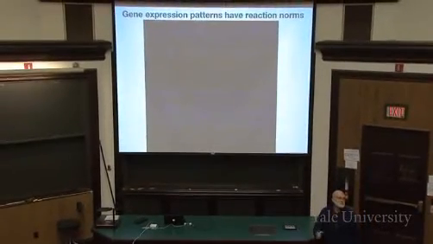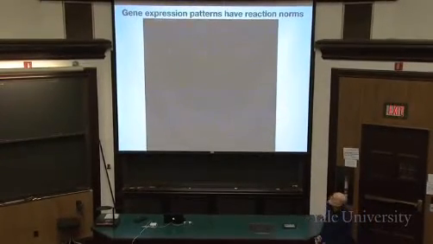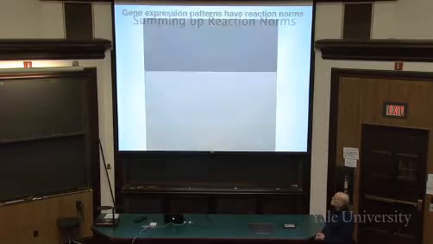Suffice it to say that in modern molecular technology, these things, which are now just about 10 years old, a little over 10 years old, are methods of looking at the expression of all the genes in the genome all at once. And they too have reaction norms.